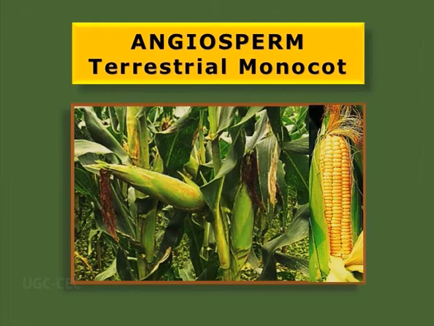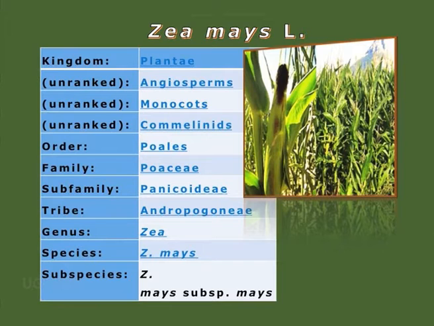Now we are coming to the angiosperms. In this, angiosperms can be divided into terrestrial monocots and aquatic monocots. To start with is terrestrial monocots. The first name that strikes our mind is maize, and it belongs to the order again Poales, family Poaceae, genus Zea, and species is Zea mays.